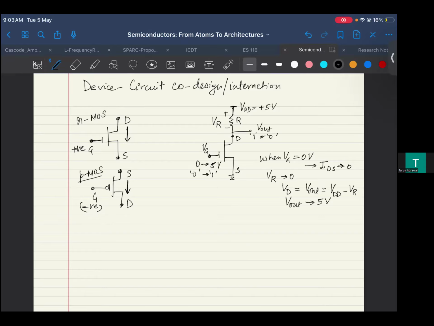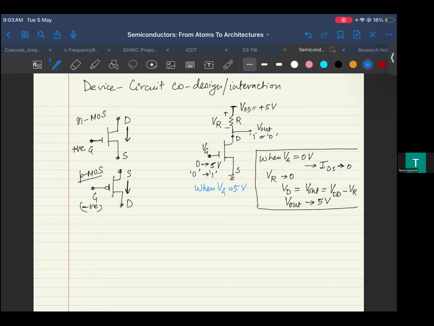So you have achieved one inversion: you applied 0 volt and you got 5 volt here, right? Similarly, the other case is when VG is equal to, sorry, not 1 volt, 5 volt. 5 volt is the logic 1, right?